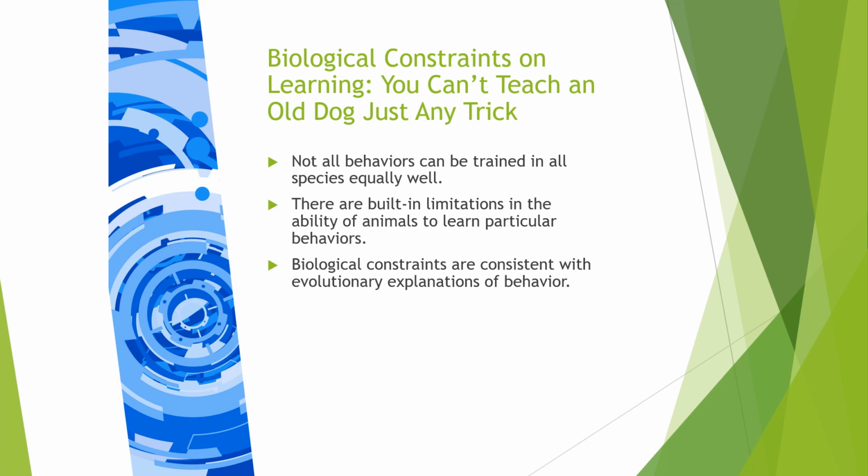So the reason why an organism may behave one way is because it was advantageous for their ancestors previously. So those constraints are put in place by an evolutionary explanation. They may have been adaptive for survival.